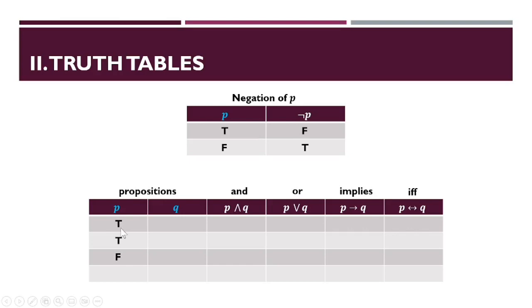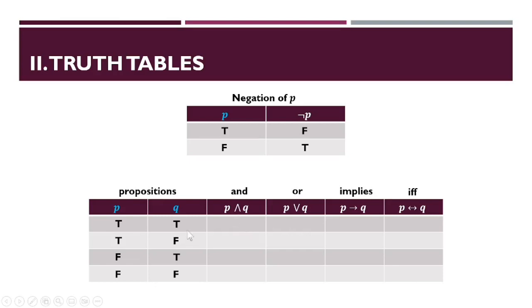So for P, we have true, true, false, false. Then for Q, we have true, false, true, false. We put it alternately so that we can have the combination: both of them are true, P is true and Q is false, P is false and Q is true, or both of them are false.